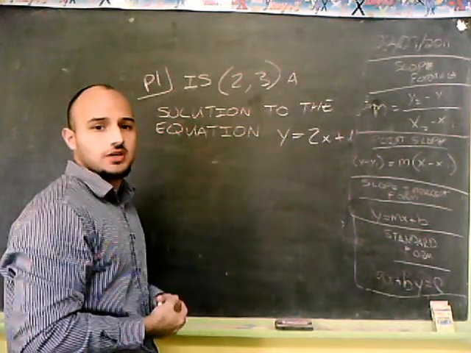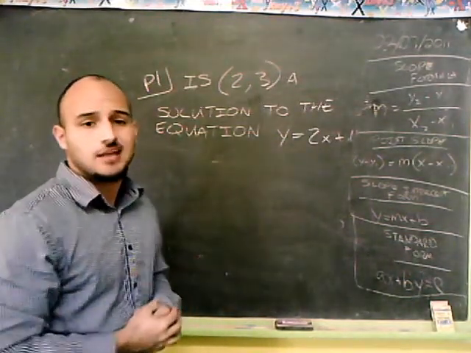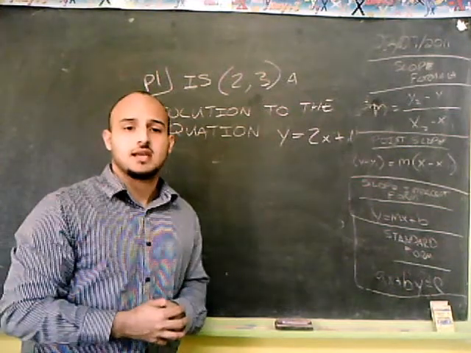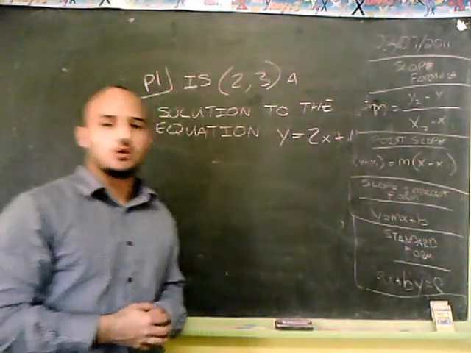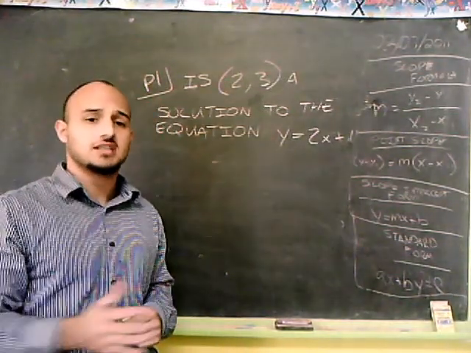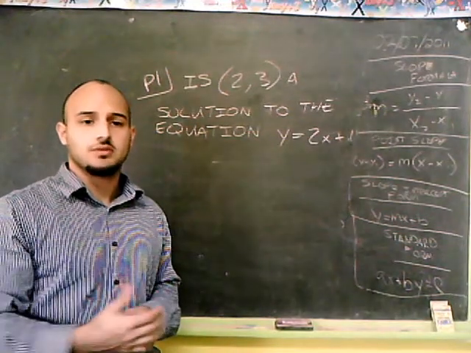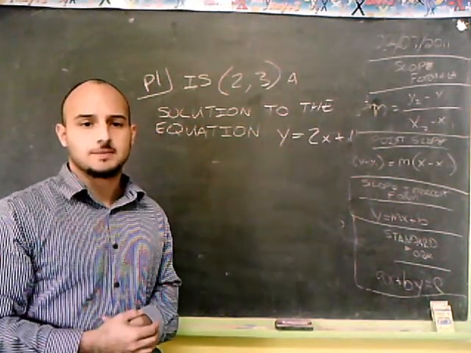Is 2 comma 3 a solution? Go ahead and pause it, time yourself, give yourself 3 minutes, and after 3 minutes, I will continue. Pause it at this point, and then resume the video when you're done with the practice.